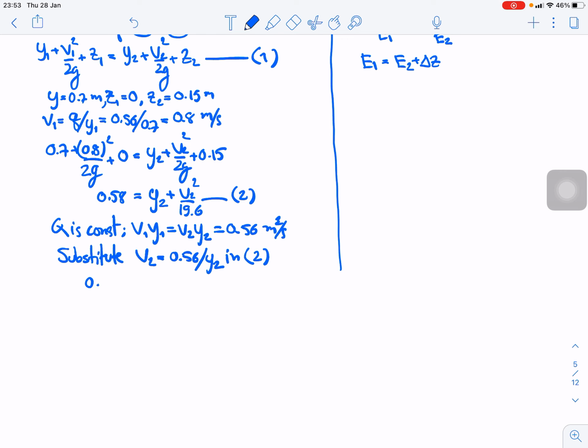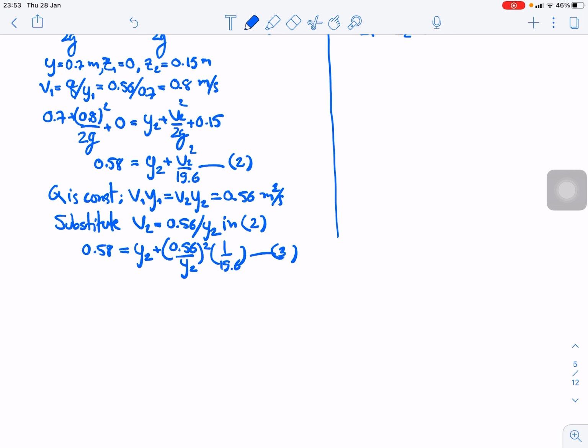Okay, so we got 0.158 equal to y2 plus 0.56 to the power 2 over y2 squared, over 19.6.